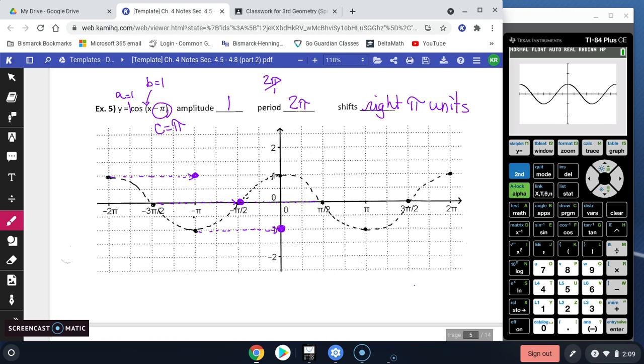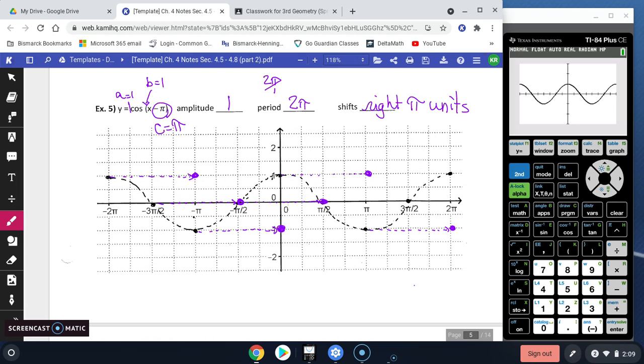This one up here gets shifted pi units. So you're going from 0 all the way to pi. This one down here at pi, -1 will end up getting shifted to 2 pi, -1.